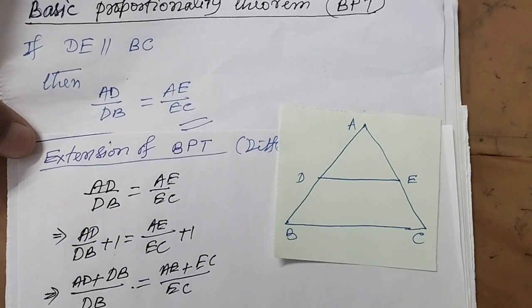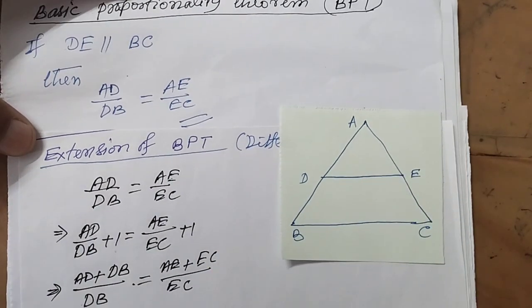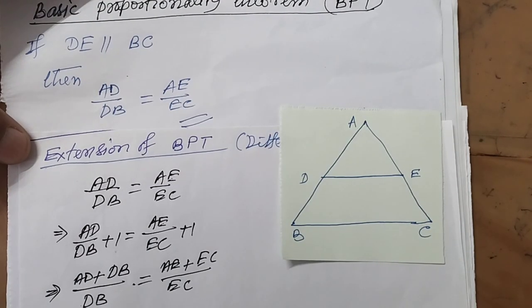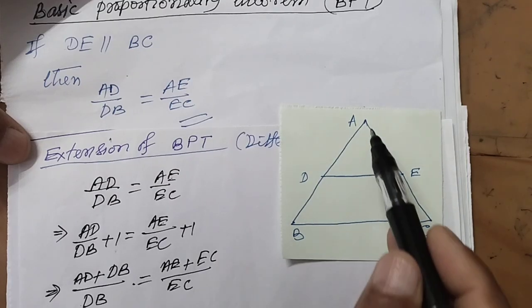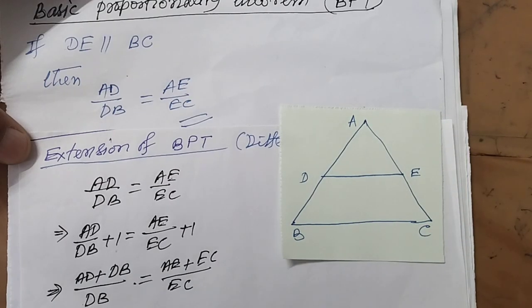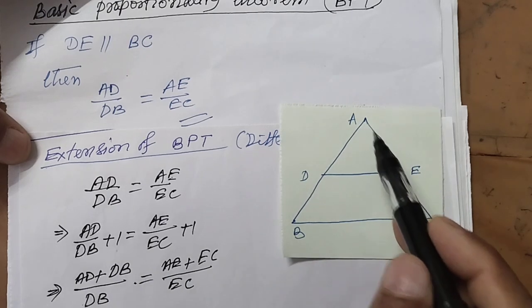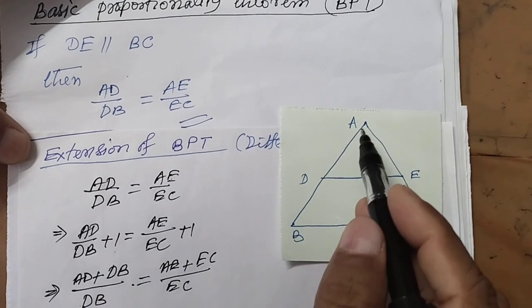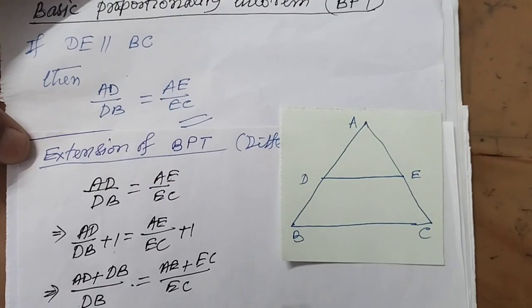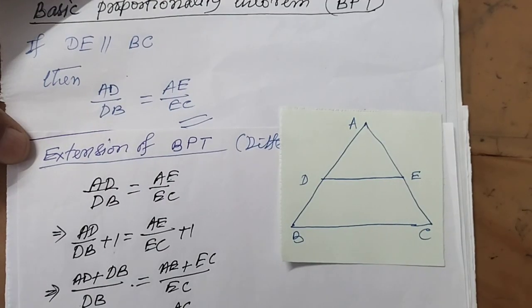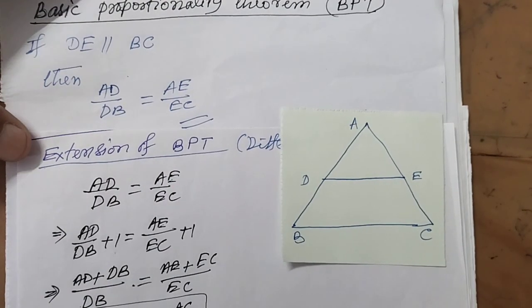Now see in the diagram: the denominator remains the same, DB, and the numerator AD plus DB we can write as AB. In the same way, on the right side AE plus EC we can write as AC. So this is another form of BPT.